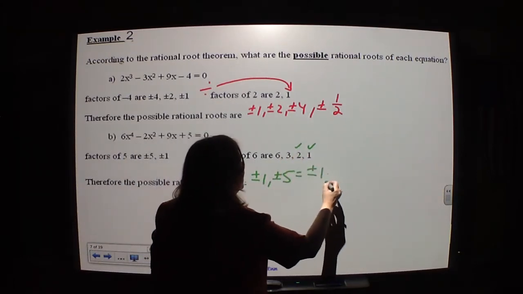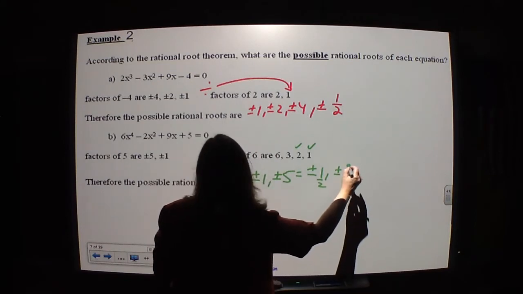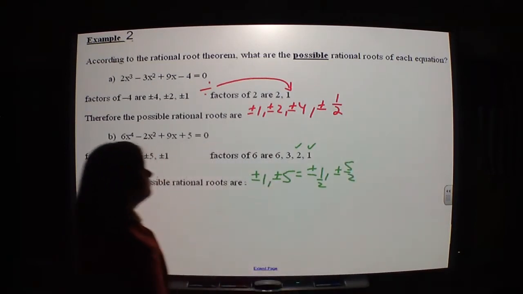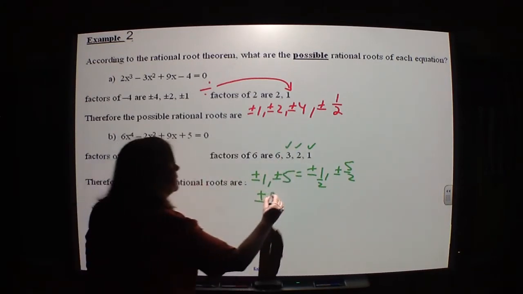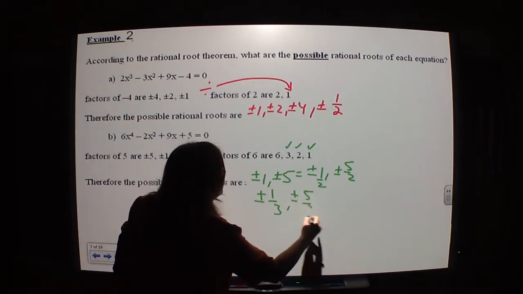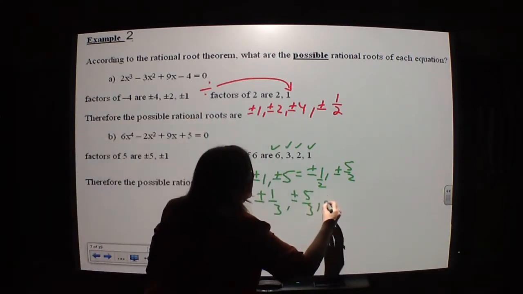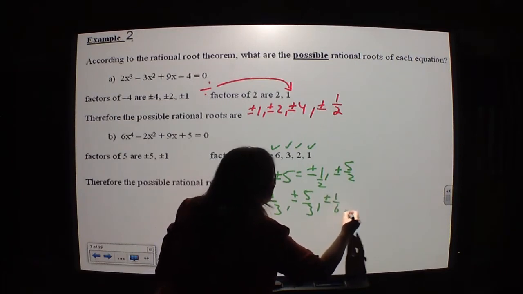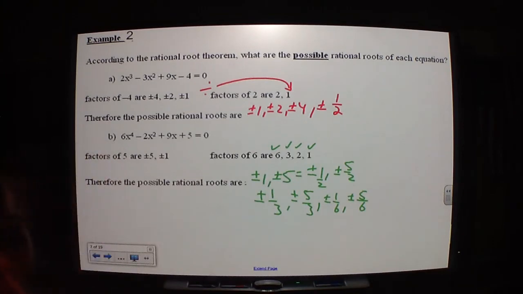Plus or minus 1/2, sorry, plus or minus 5/2. Now I'm going to divide by 3. Plus or minus 1/3, plus or minus 5/3. And now I'm going to divide by 6. Plus or minus 1/6, plus or minus 5/6. So those are your possible rational roots.